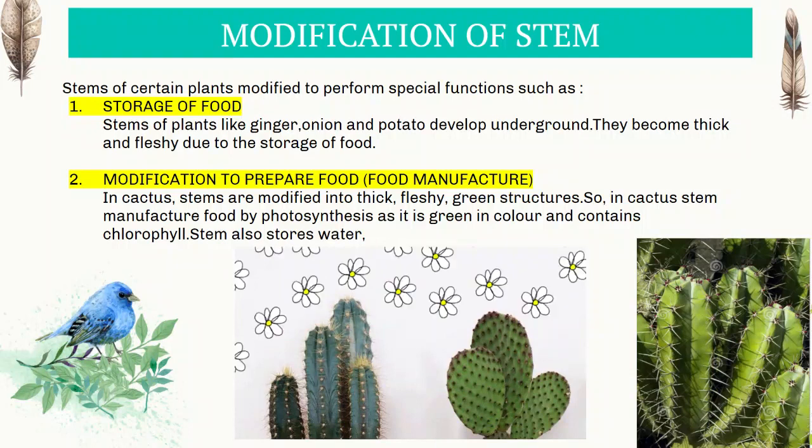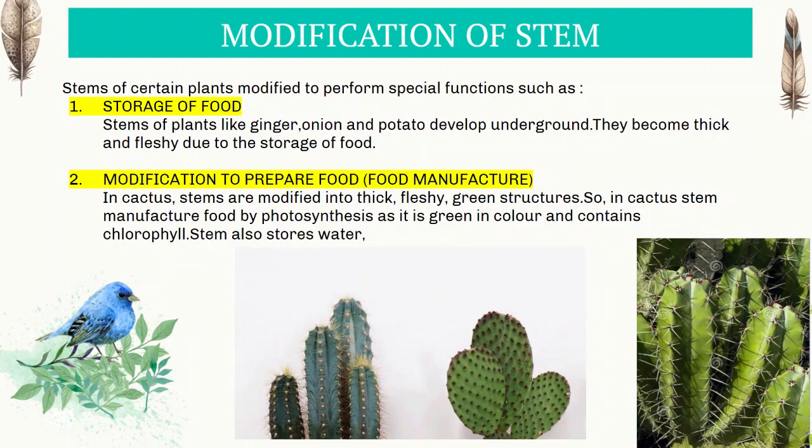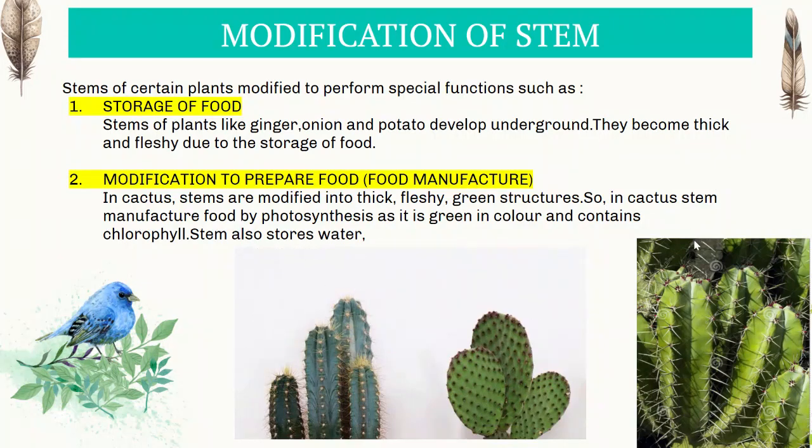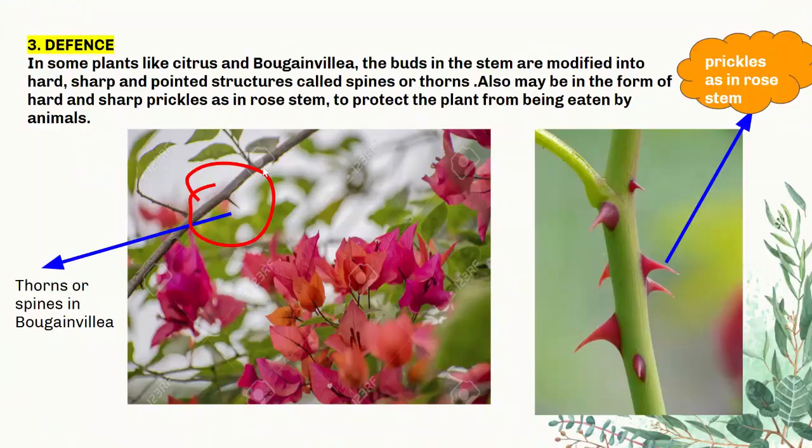And this stem also stores water. So we can say that cactus stem can easily prepare food because it has chlorophyll, and it also stores water.